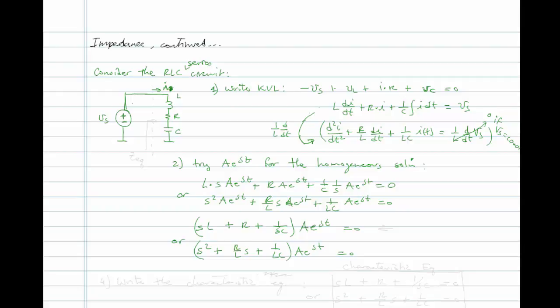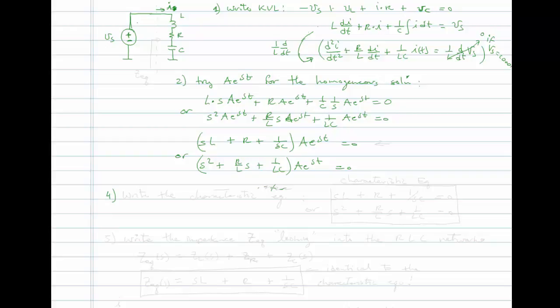So we'll stop here for a moment, and let's now do something a little different. Let's use our impedance. No, I'm sorry, not yet. Take that back. Fourth step, let's write the characteristic equation, which we essentially have here. What I put in parentheses is the characteristic equation. So we have SL plus R plus 1 over SC.